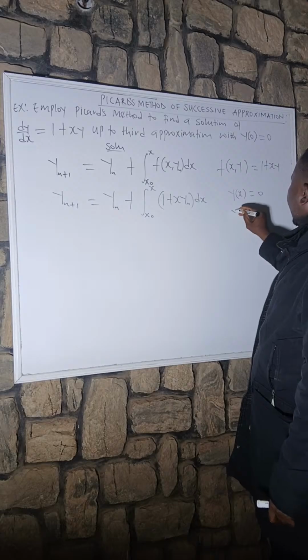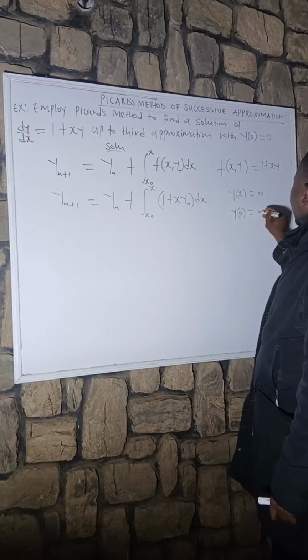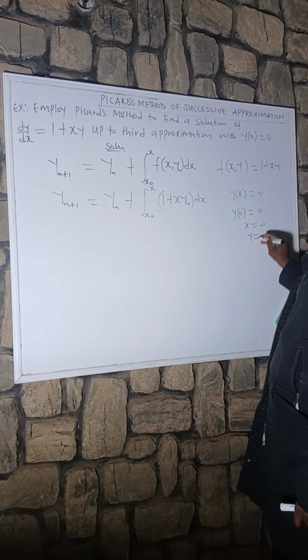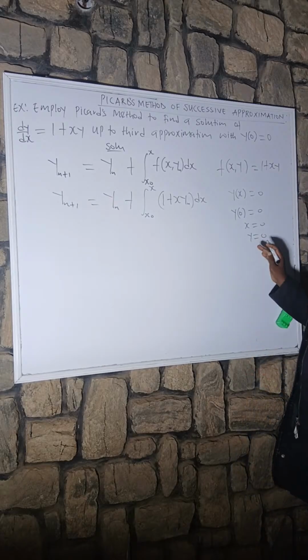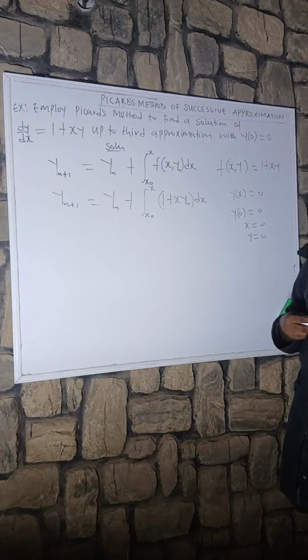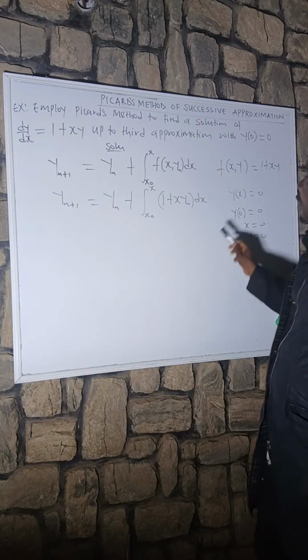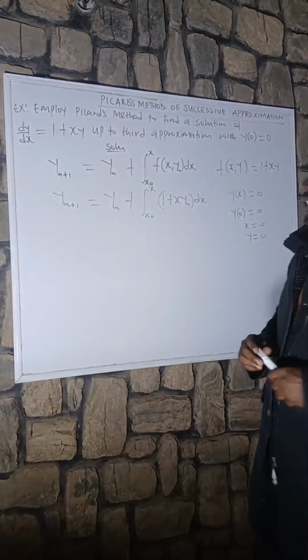It means if we have y of 0 equals 0, then our x naught is 0 and y naught is also 0. Take note. Do you agree with me?